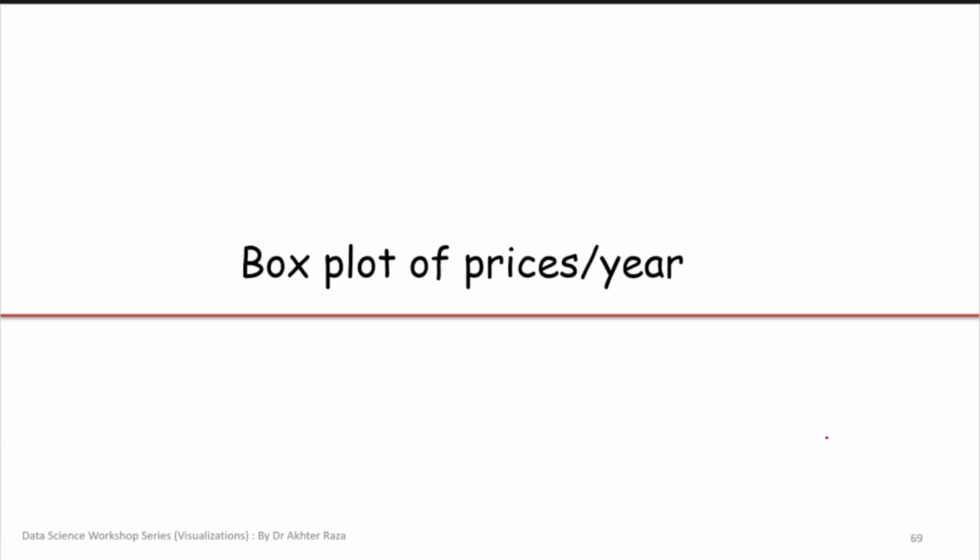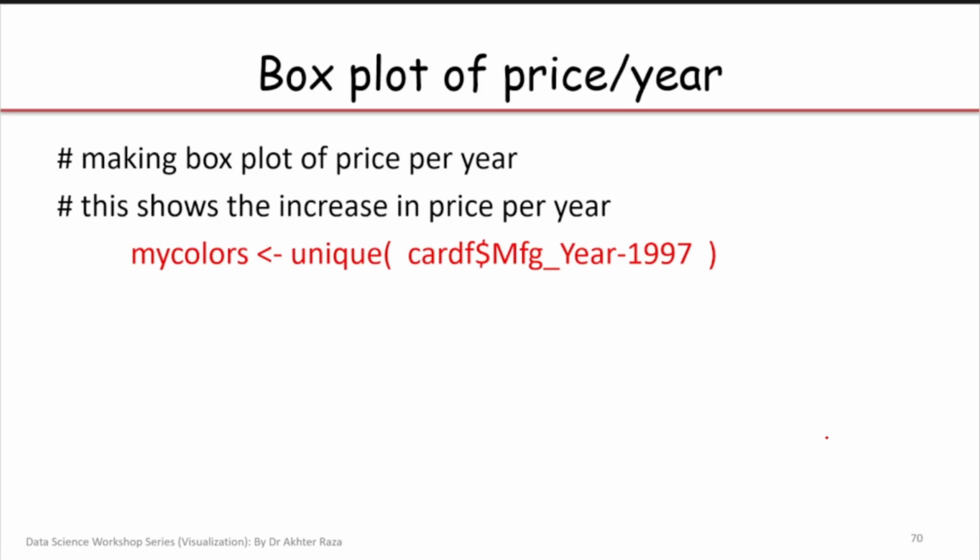Firstly, we want to find out the unique years by one command. Car DF dollar MFG year. MFG year means manufacturing year. Minus 1997. Why did I put minus 1997? Because the first car in my data set is from 1998.